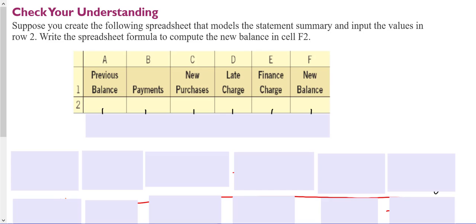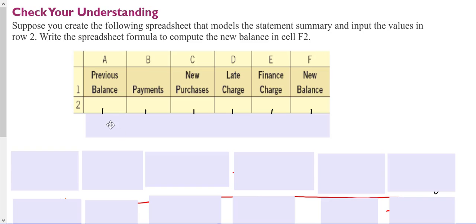So suppose we wanted to create a spreadsheet like we've done in the past in either Excel or Google Sheets that models the statement summary and inputs the values in row 2. So we want to write the spreadsheet formula to compute the new balance in cell F2.